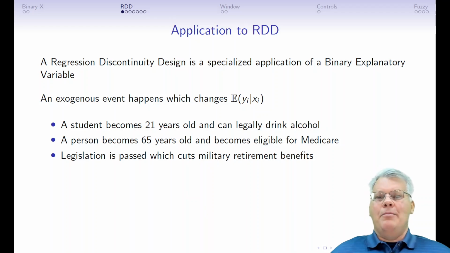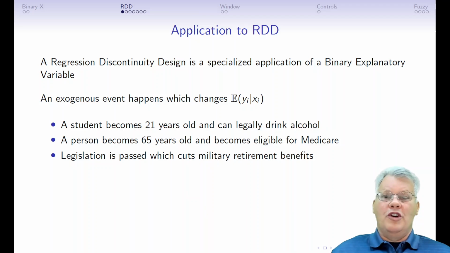So second example, a person becomes 65 years old and becomes eligible for Medicare. You might remember from other classes that you've taken, particularly if you took my Economics of Government class, Medicare is the program offered by the federal government that provides health insurance for older Americans.